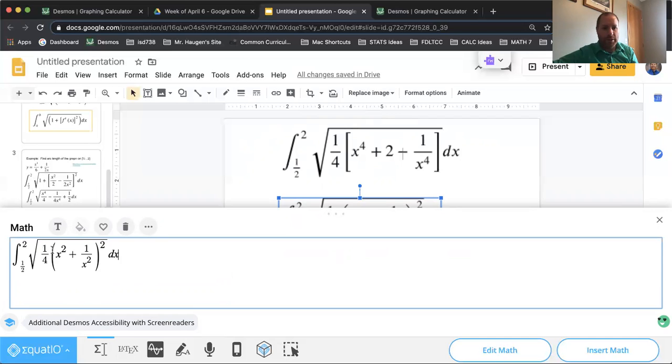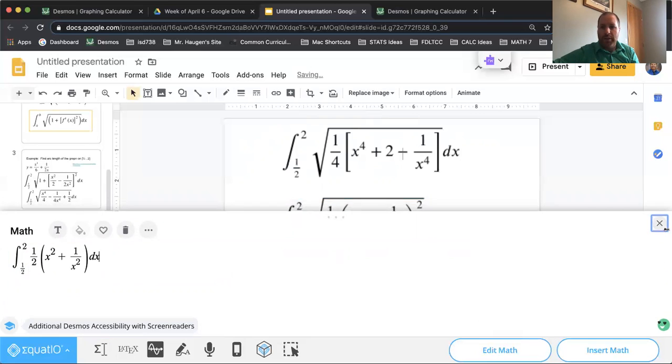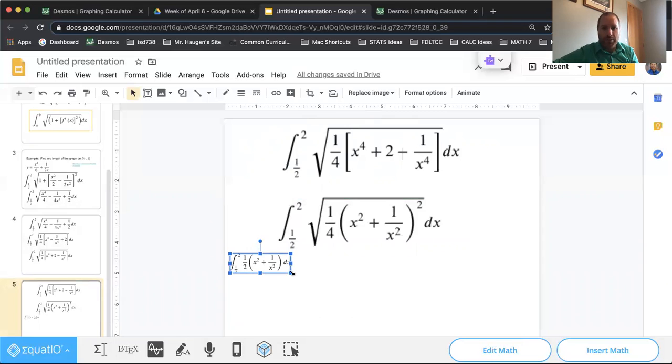So here, when we take the square root of 1/4, I'm going to remove this entire piece. The square root of 1/4 is 1/2. And the square root of that function is just the function plus 1 over x squared. Now we can close our parentheses there, because that's the square root of 1/4 being 1/2.